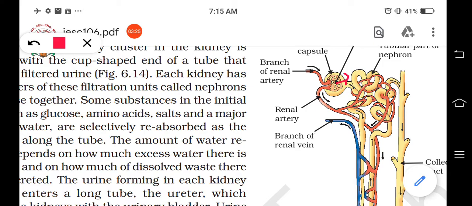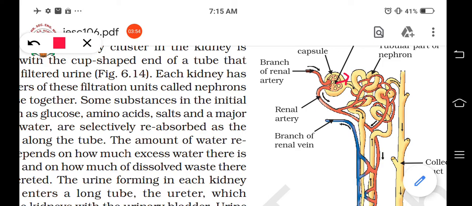The filtrate that is squeezed out from the glomerulus is known as glomerular filtrate. What is it? Glomerular filtrate. And this process is known as ultrafiltration. So once again I'll say, when blood passes through the glomerulus, do you remember? Inside the Bowman's capsule.